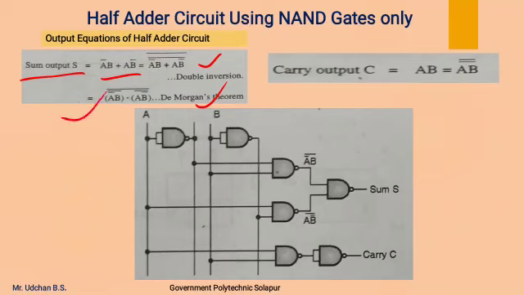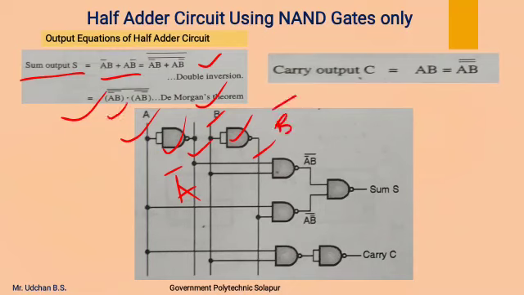In this there are 4 variables: A, A bar, B, B bar. This is the line for A. Using a NAND as a NOT, we can get the A bar line, which is over here. This is the line of B. Using another NAND gate as a NOT, we can get the B bar line.